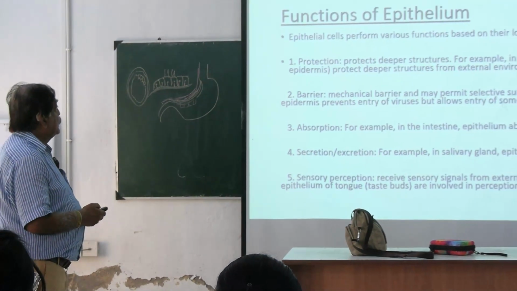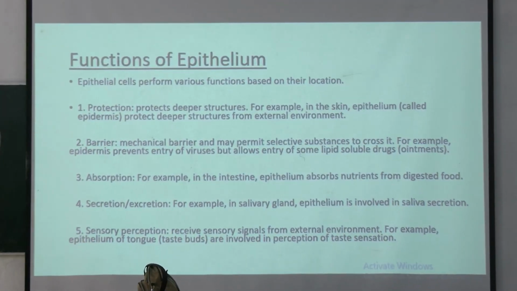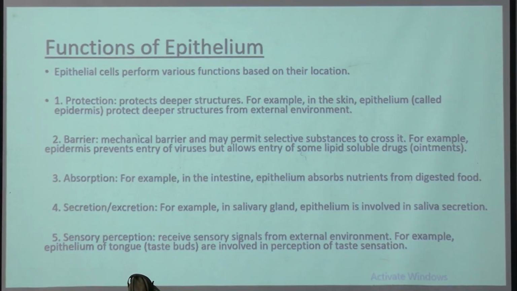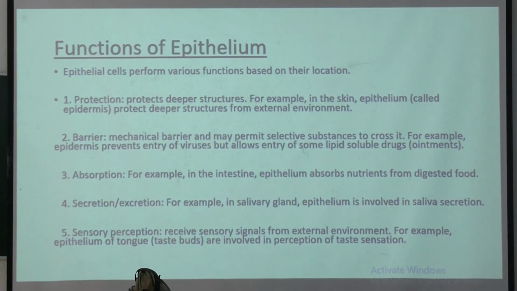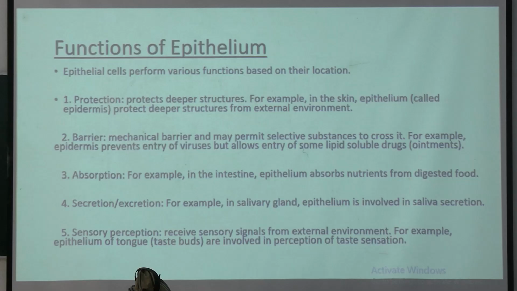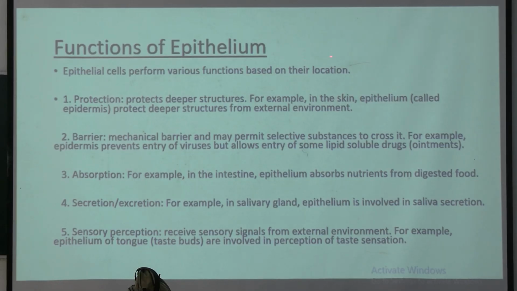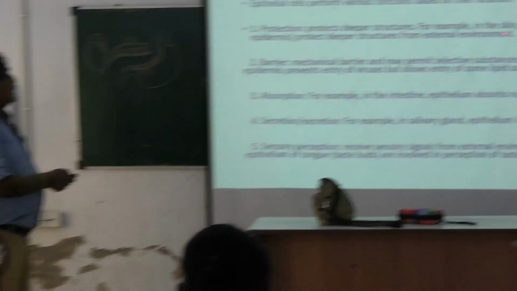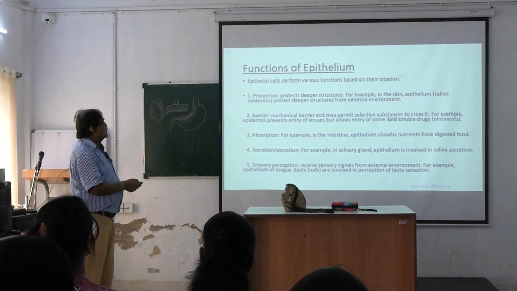Now, functions of epithelium. What are the functions? Each organ is lined by the epithelium, so the epithelium lining the ureter, kidney or lung has different functions. Epithelial cells perform various functions based on their location. Protection: protects deeper structures. For example, in the skin, the epithelium called epidermis protects deeper structures from the external environment.